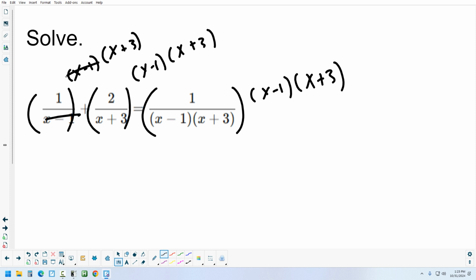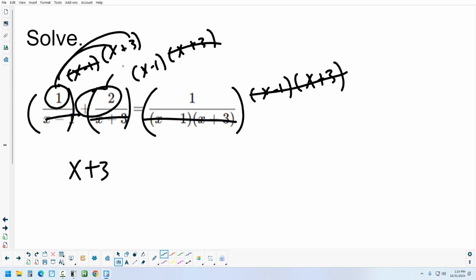Second one? x plus 3. And the third one? All. Yep, that's all going to cancel. All right, what we have left is a distributive property. 1 times x plus 3 gives me what? 1x plus 3.